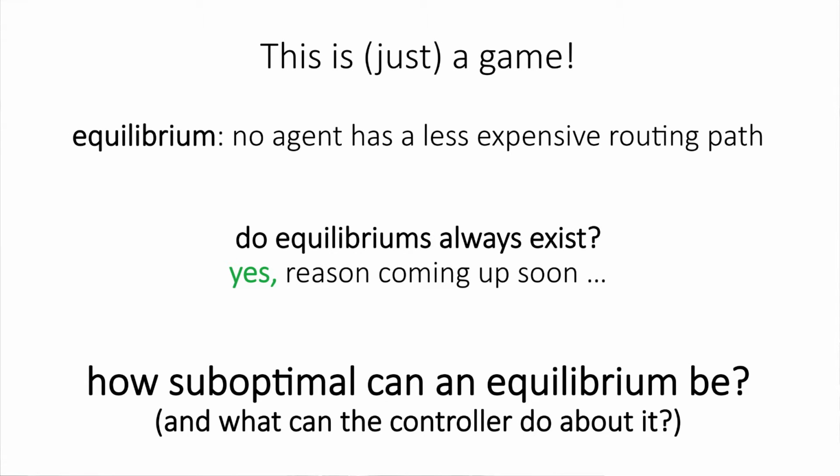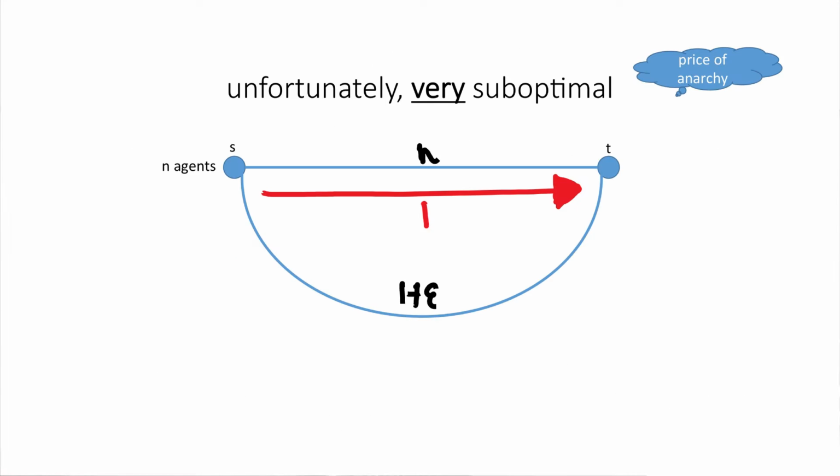So, let us try to address the first question. Unfortunately, there can be extremely bad equilibria in this setting. So, consider the following situation. There are n agents sitting at S who want to send traffic to T. There are two options. There is an edge of cost n, and there is another edge of cost slightly more than 1.